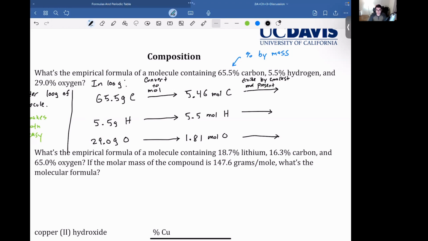And this will simplify the ratio, right? If I gave you a ratio like this, 2 to 4 to 6, you can simplify this ratio by dividing everything by 2 and getting 1 to 2 to 3, right? It means the same thing. So we're dividing by the smallest one here, which is oxygen.